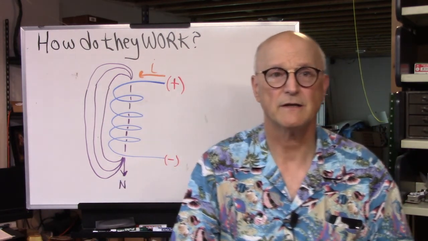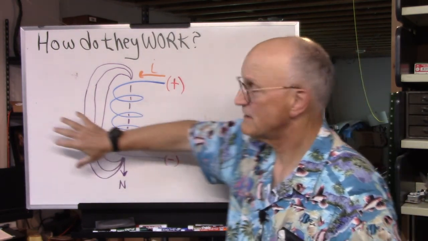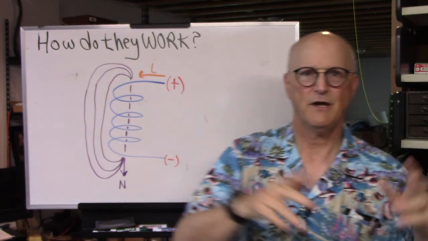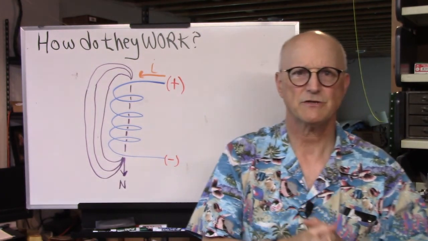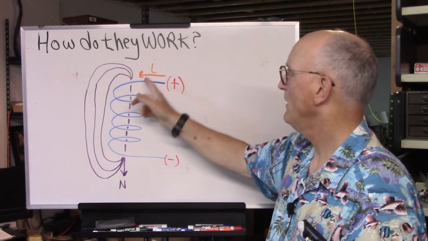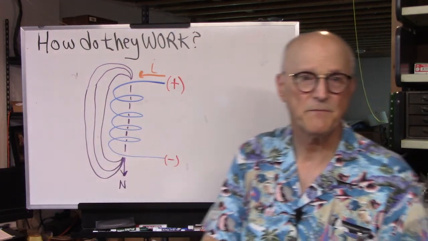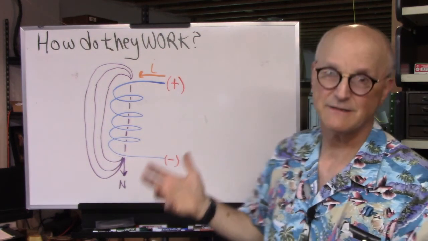So a constant current gives a constant magnetic field. Nothing is changing, everything is great. The more current we put through here, the greater and stronger the magnetic field. The less the current, the less the magnetic field.